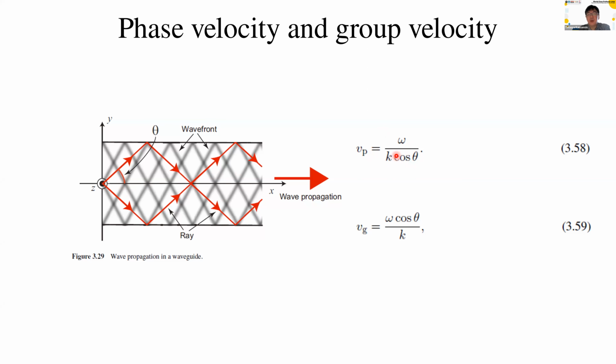But as you know, information and energy can be transferred by the group velocity along this direction. It can be described by this equation. It will be smaller than the speed of light. So if we just look at the phase, we will miss something. We should use the group velocity if we want to discuss the speed of the signal.